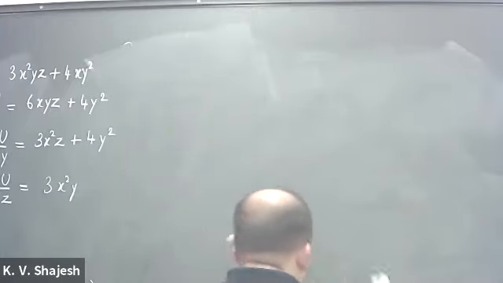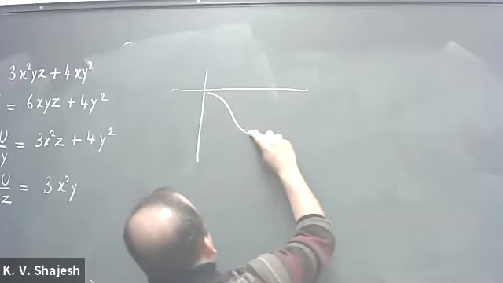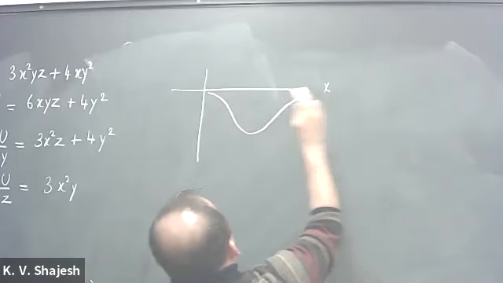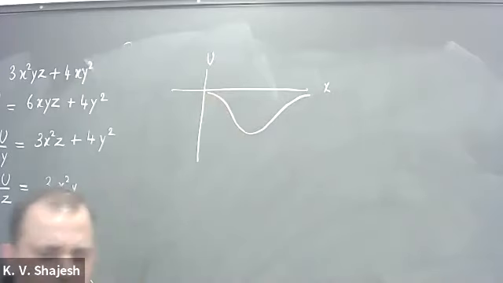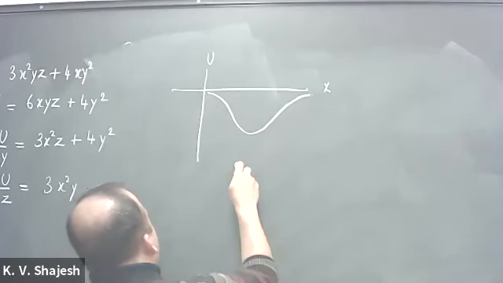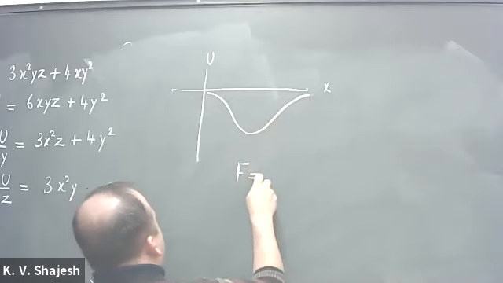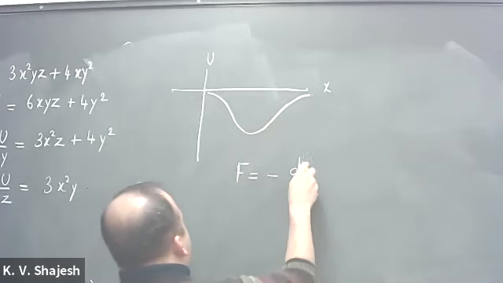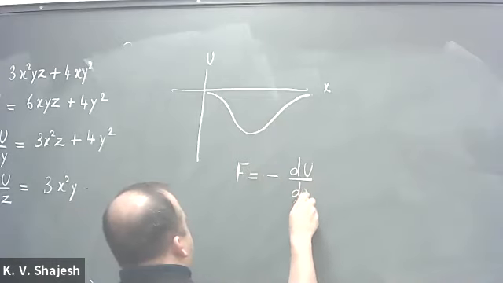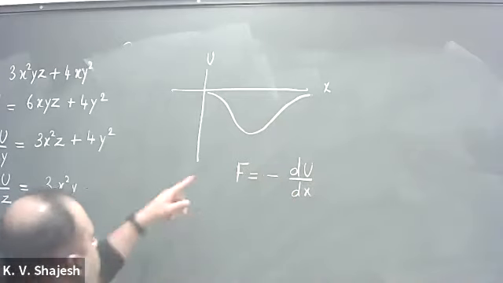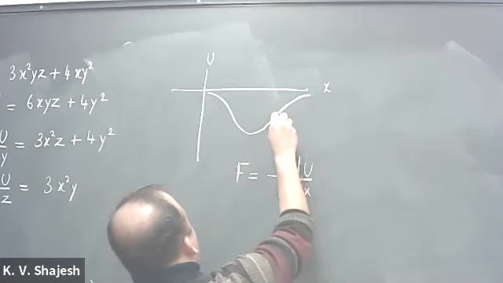So I think this is how it looks, if I remember the homework correctly. That's your x, that's your U, right? Yeah. What it means is that force, remember, is equal to minus du by dx. Okay, so let's consider this to be the point we are talking about.